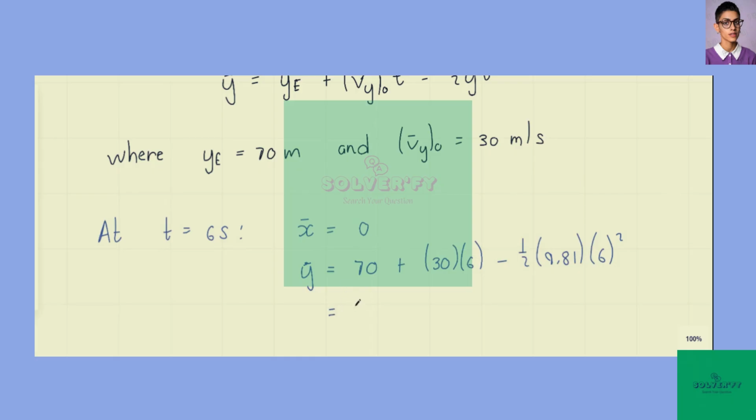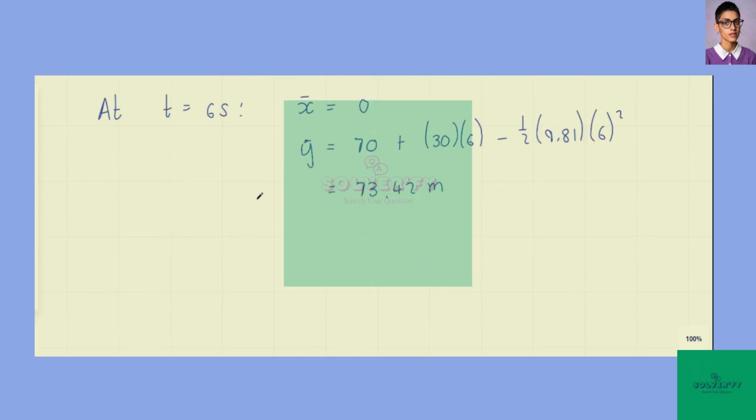And y bar after 6 seconds is 73.42 meters. So after 6 seconds, we have a position vector for the mass center, which is the point as if the rocket had not exploded.